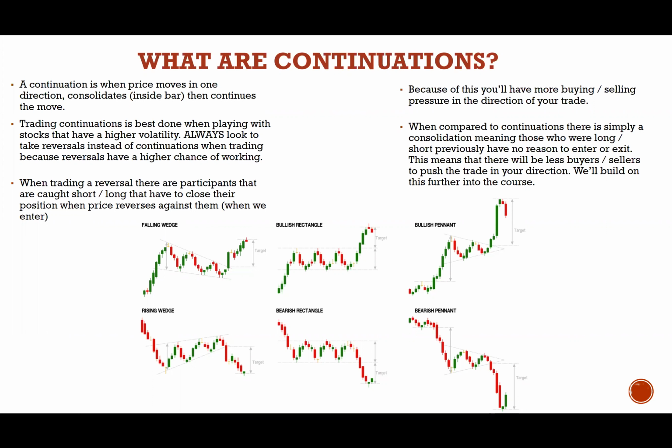When trading a reversal, there are participants that are caught short or long that have to close their positions when price reverses against them when we enter. Because you always got to think that.